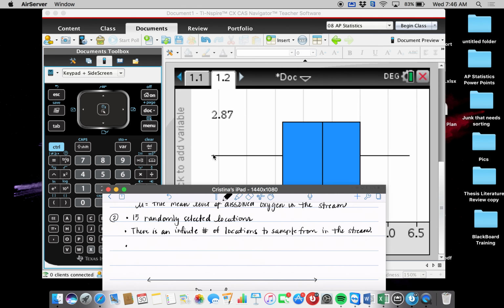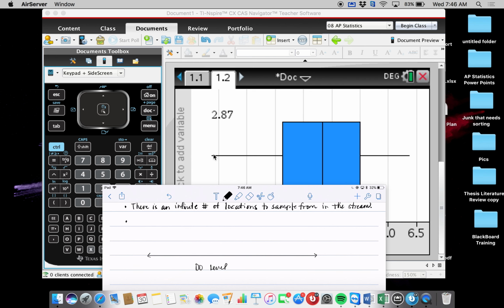The minimum is 2.87. I'll write 2.87. That's my minimum. Actually, I should probably write numbers at 3, 4, 5, 6, and 7.